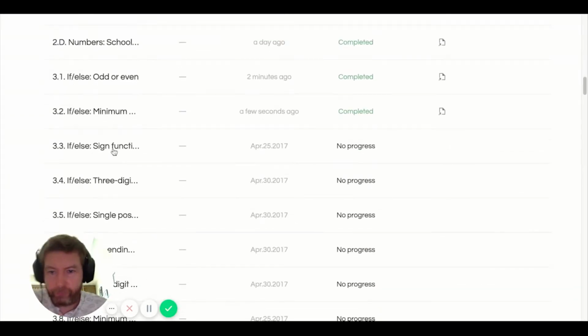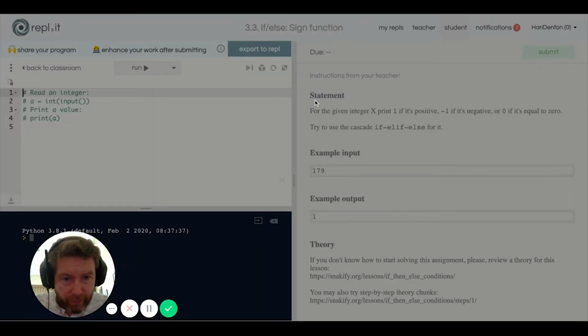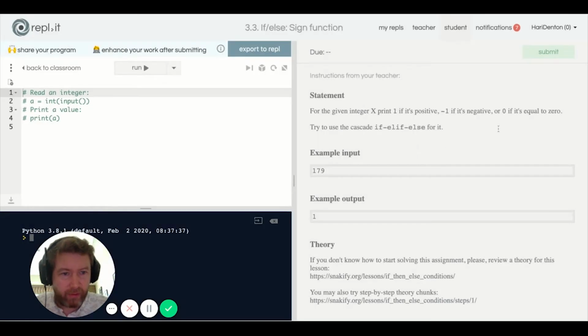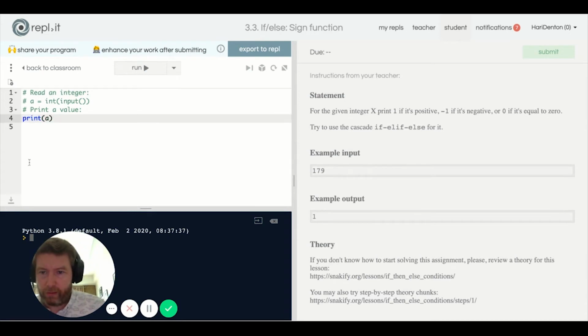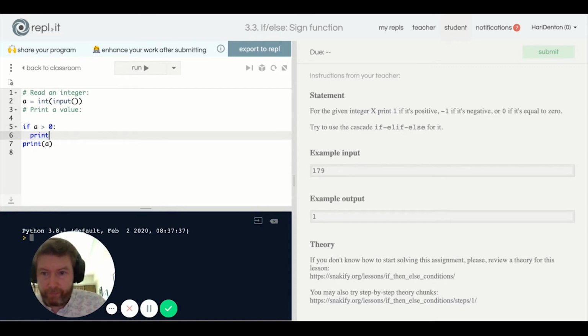Okay. What the hell's going on here? For the given integer x, print 1 if it's positive, -1 if it's negative, or 0 if it's equal to 0. Okay. So if A is greater than 0, print 1. Else if.